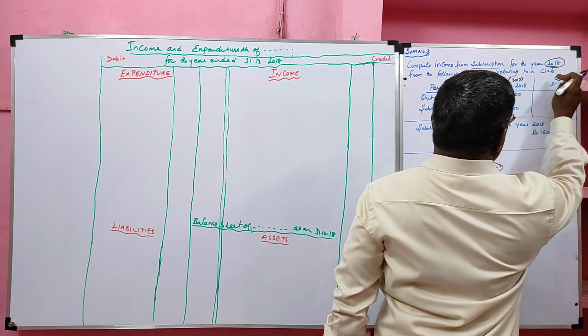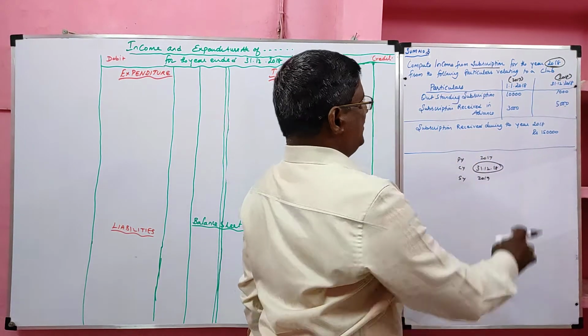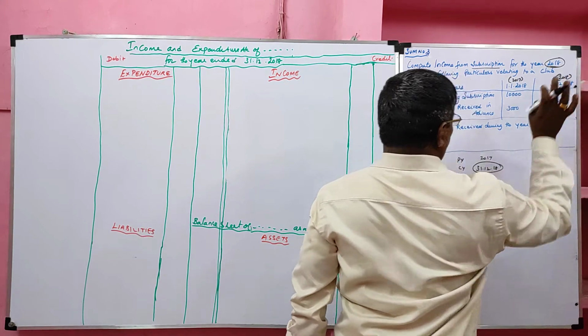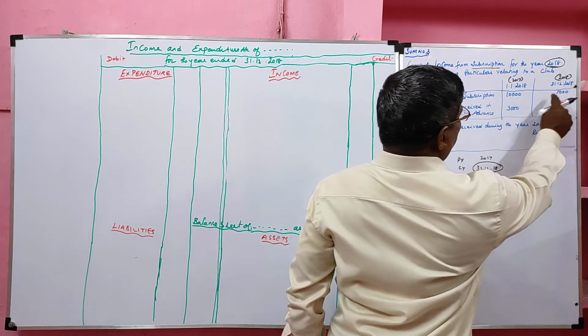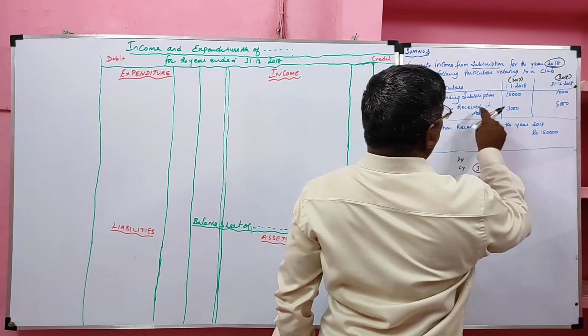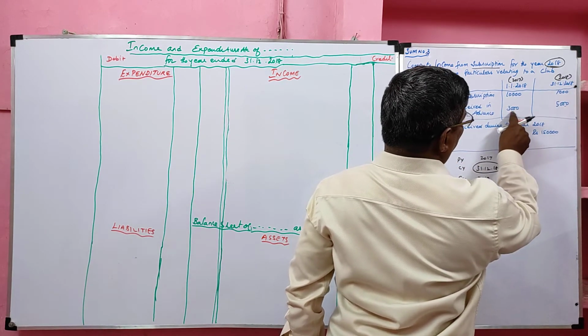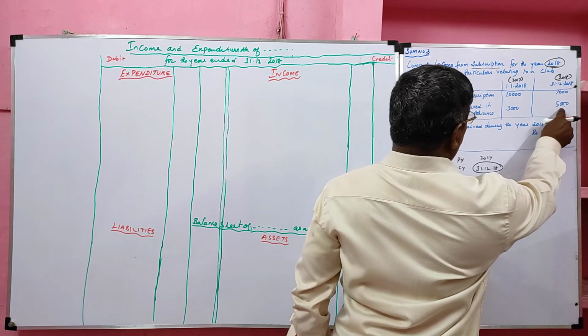So this is current year, this is last year. Outstanding subscription: last year outstanding, this is current year outstanding. Received in advance: this is last year received in advance, this is current year received in advance.